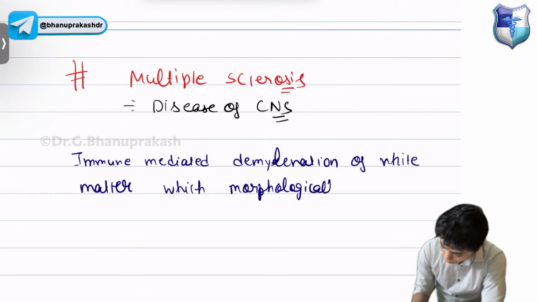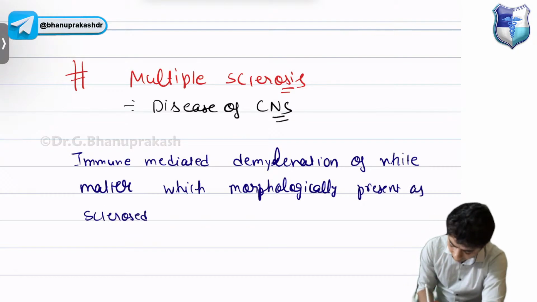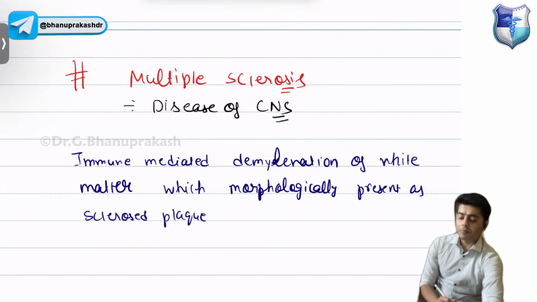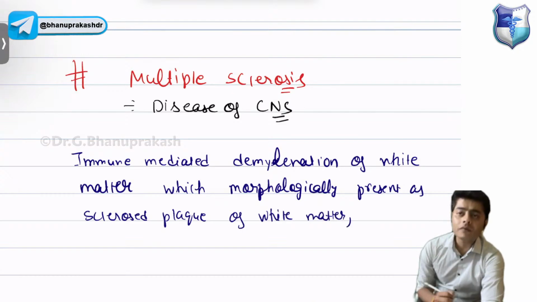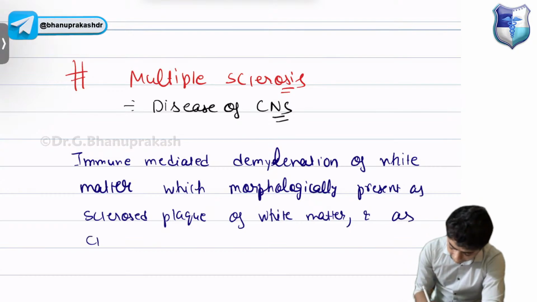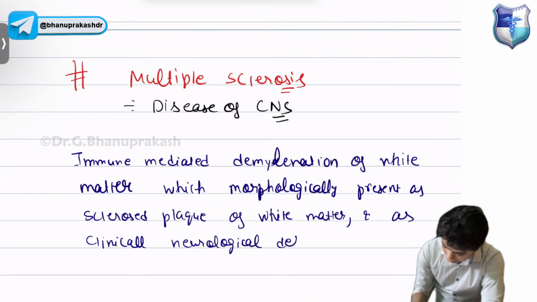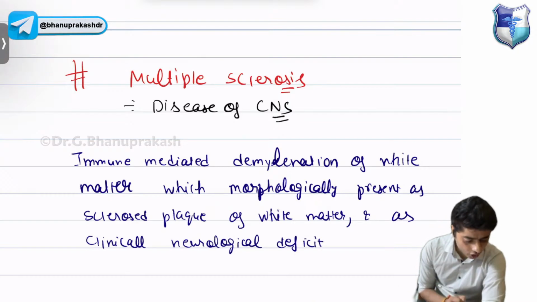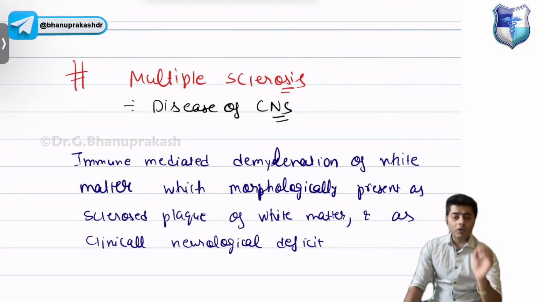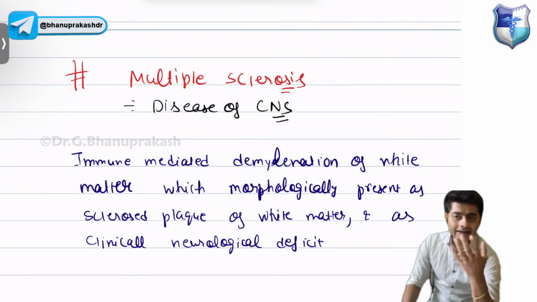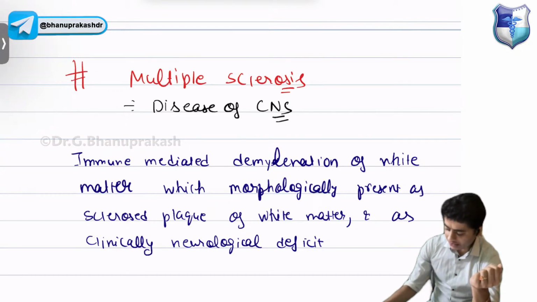So it is an immune mediated demyelinating lesion of white matter, which morphologically presents as a sclerosed plaque of white matter, and clinically presents as a neurological deficit.